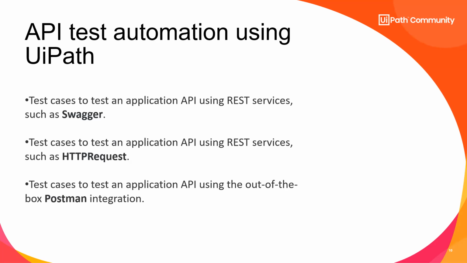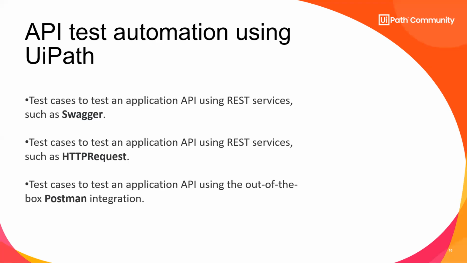The first one is using Swagger. The developer will provide you the Swagger file, which you can import as a service, and whatever endpoints are there will be converted into activities, and using those activities you can perform your testing in UiPath. We can also perform testing using HTTP requests.